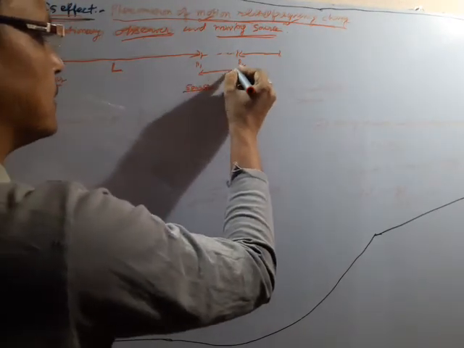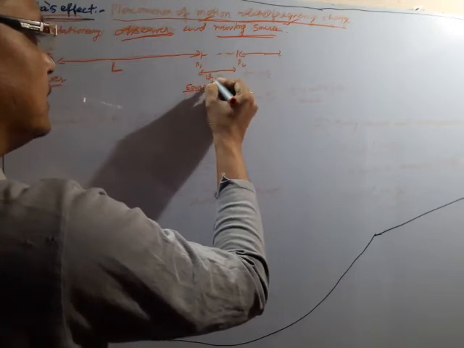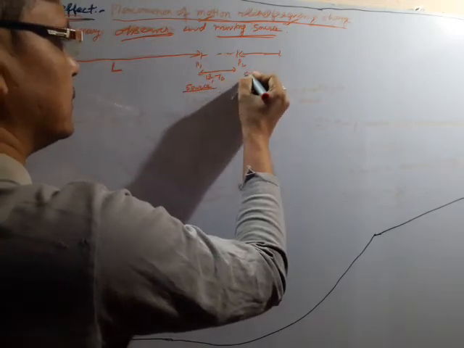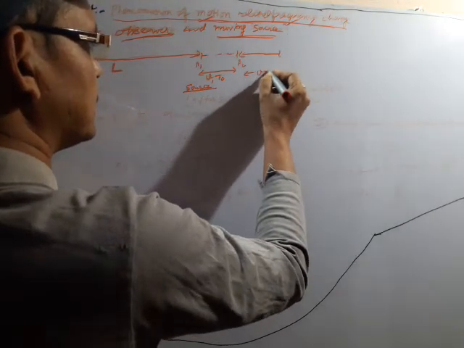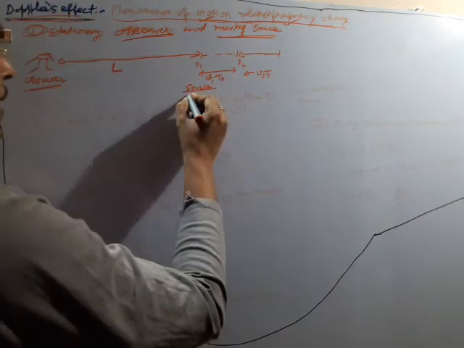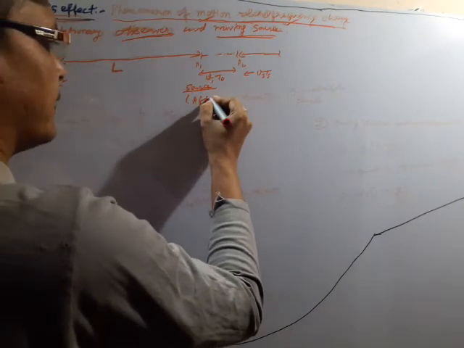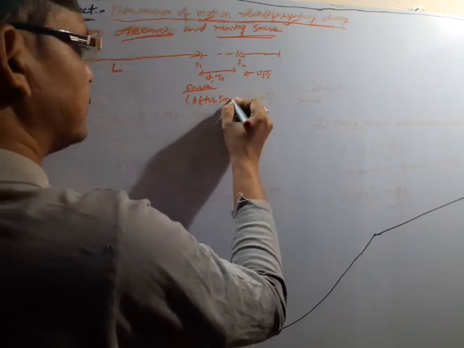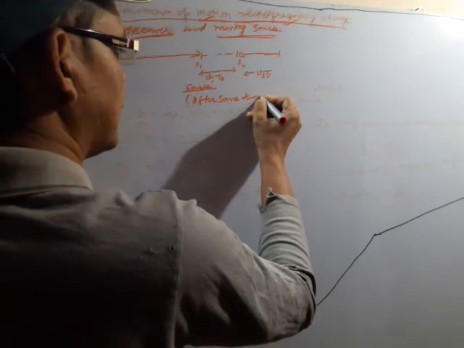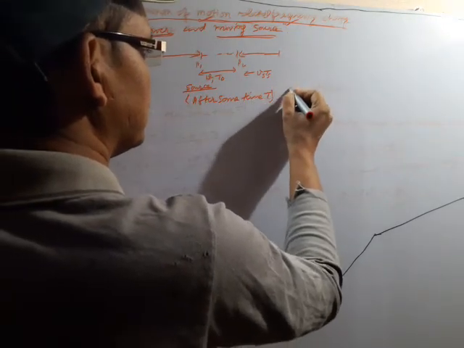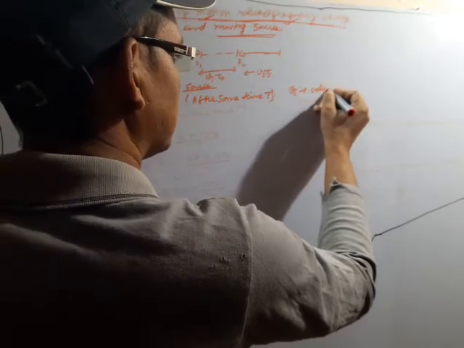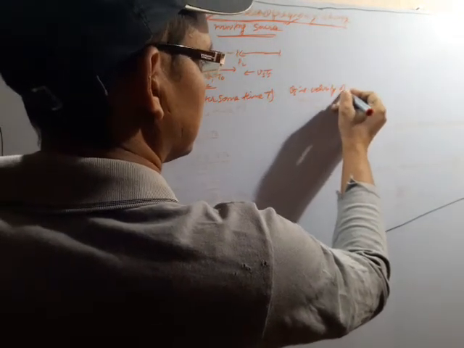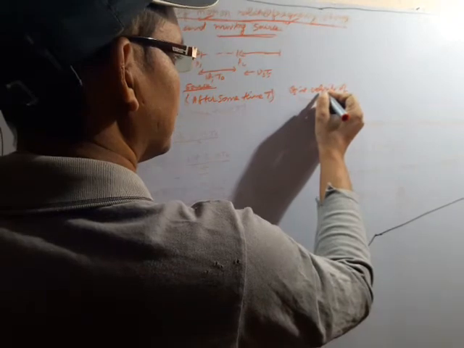Now here V1 into T0, V2, Vs Ts. After some time t, Vs is the velocity of the source.